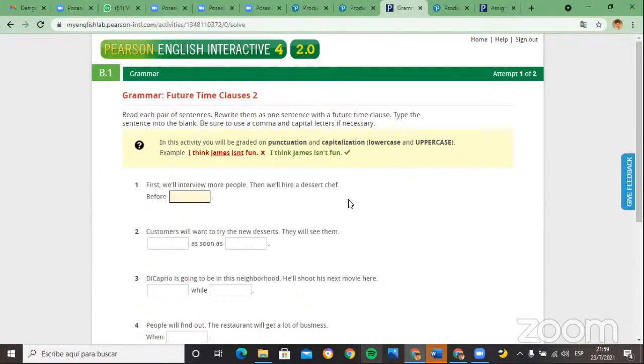In this case, you're going to know what's going to happen first and what's going to happen second, right? Yeah. So you have to write it again, but in the correct order, starting with this word, before. And you know what's going to happen after before. Exactly.